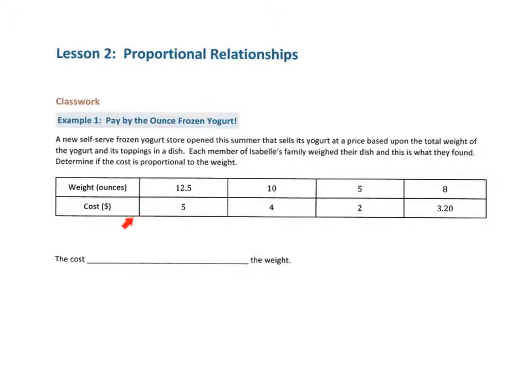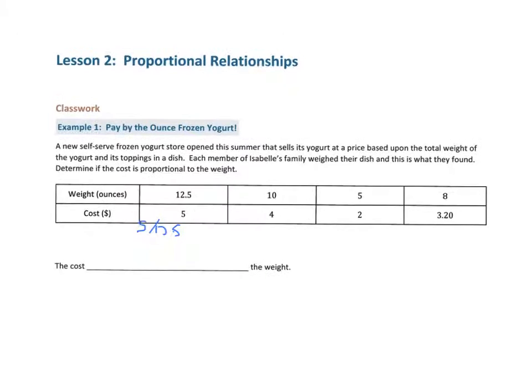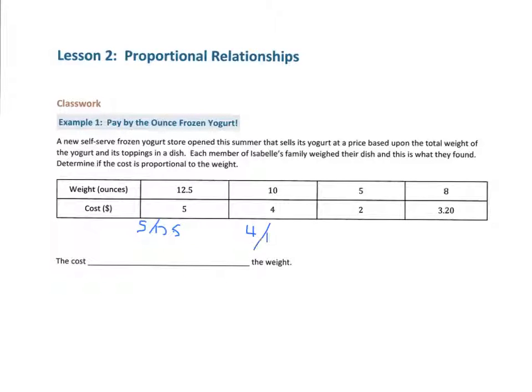So if it is $5 for 12.5 ounces, or $4 for 10 ounces, or $2 for 5 ounces, or $3.20 for 8 ounces, when we put all of these per 1 ounce, so this is dollars to ounces, if we did that arithmetic, 5 divided by 12.5 gets me 40 cents per 1 ounce. 4 divided by 10 is also 40 cents per 1 ounce.